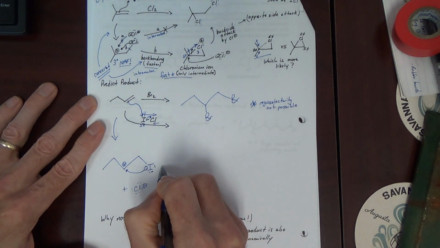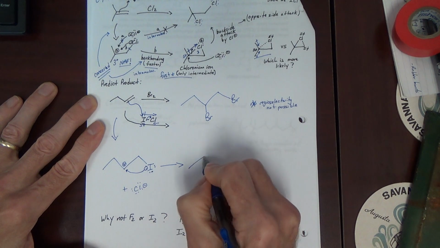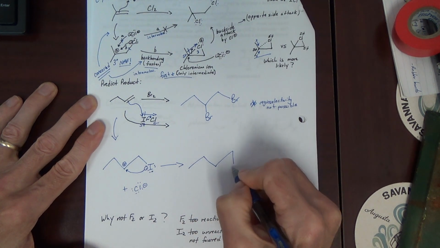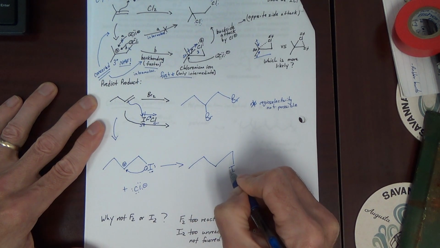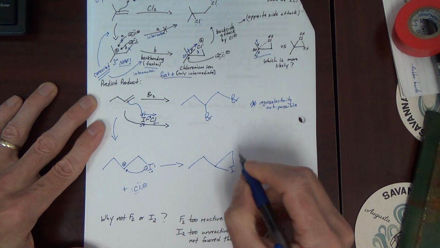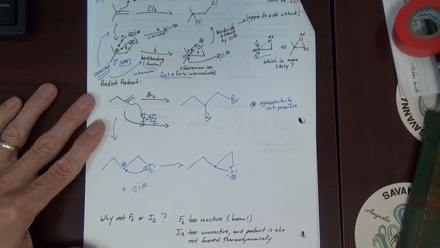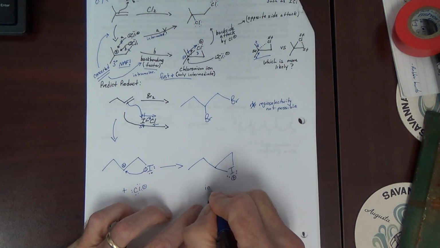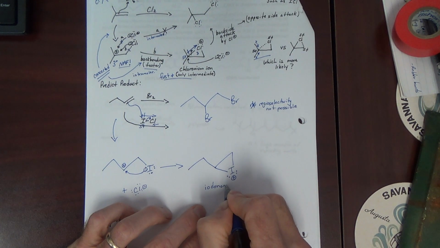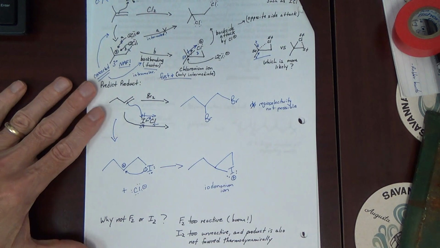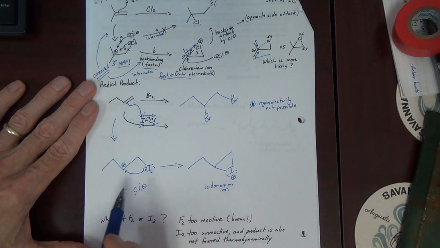Indeed, this happens, and we get boom, boom, boom. Iodine here, but now that is bonded here. Two lone pairs remaining, and that is a positive iodine. We can call that an iodonium ion. Back bonded.